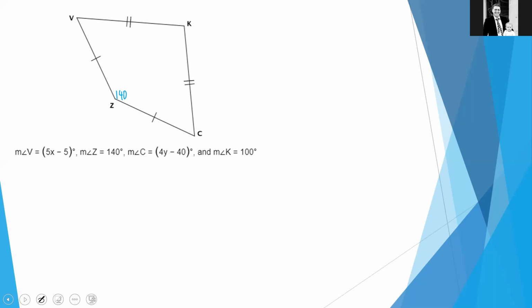Angle C is supposed to be 4y minus 40. Angle K is supposed to be 100. And angle V is supposed to be 5x minus 5.